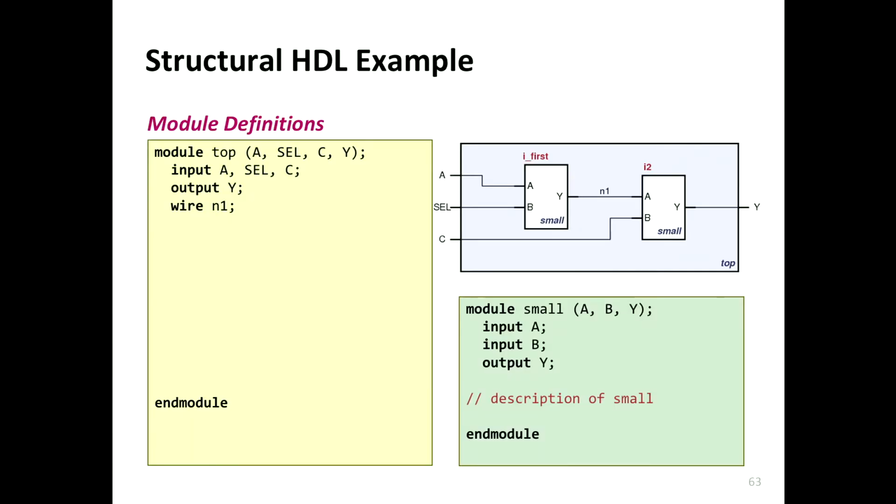So you first write a top module, where you forget about the inside ones. You just simply forget these small modules. All you need to see is only the top module.